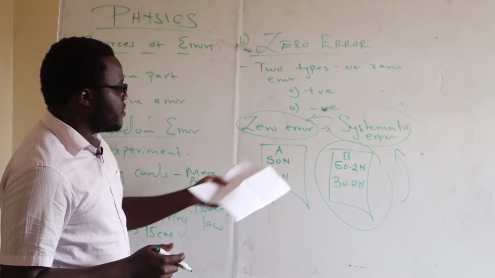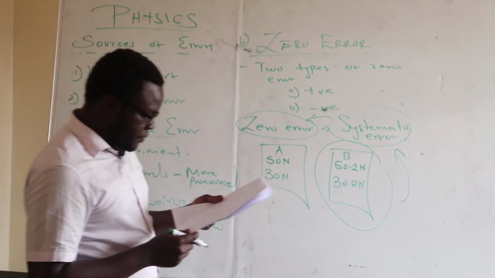Now let me give an example to expound more on the zero error.